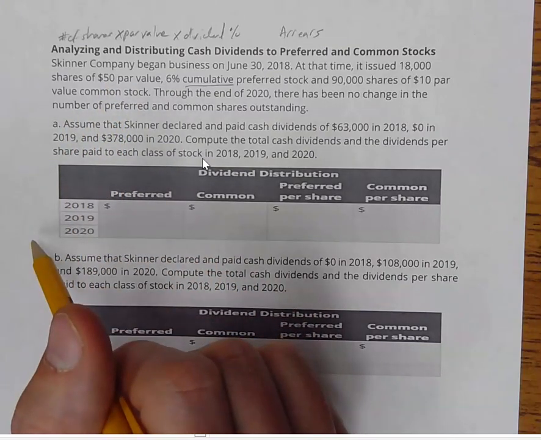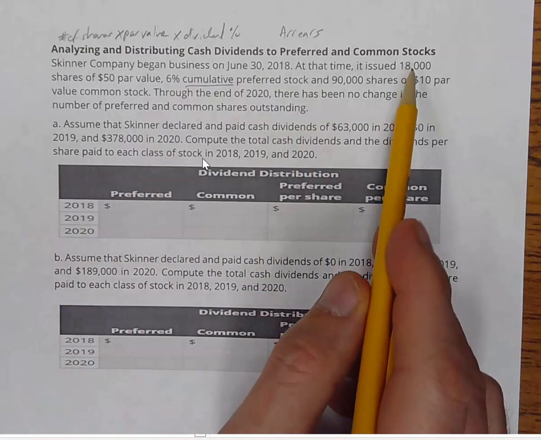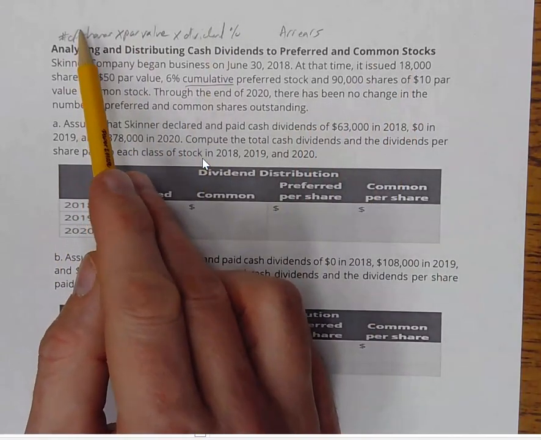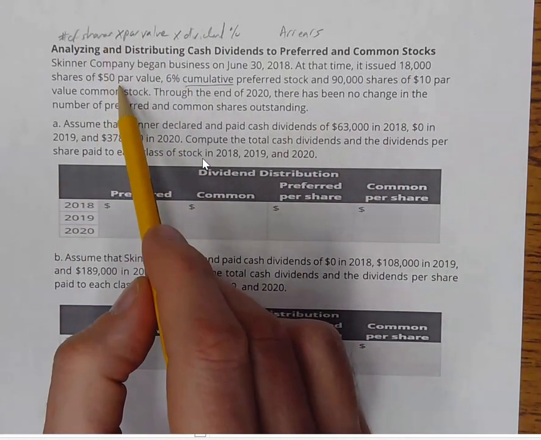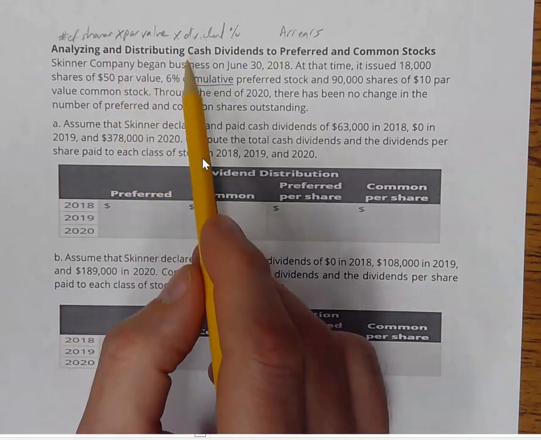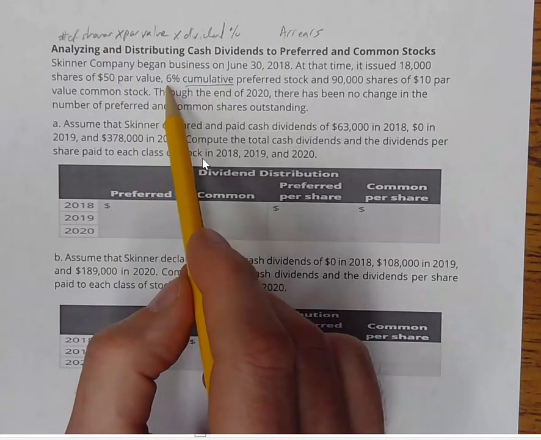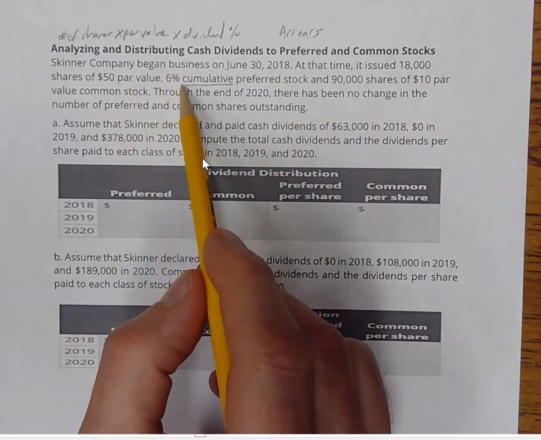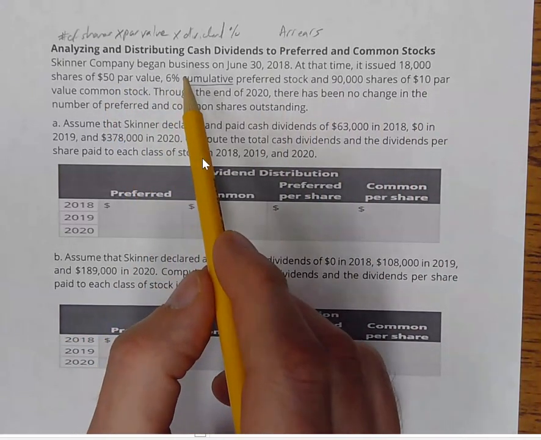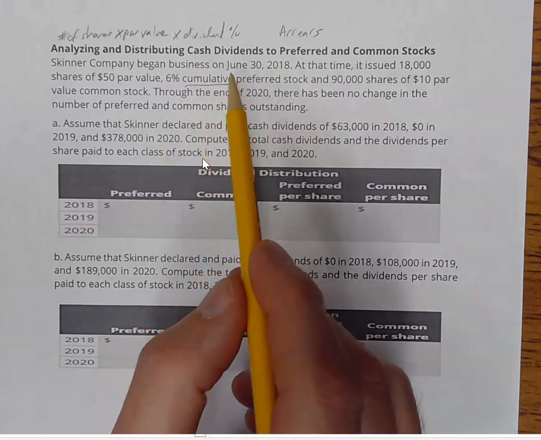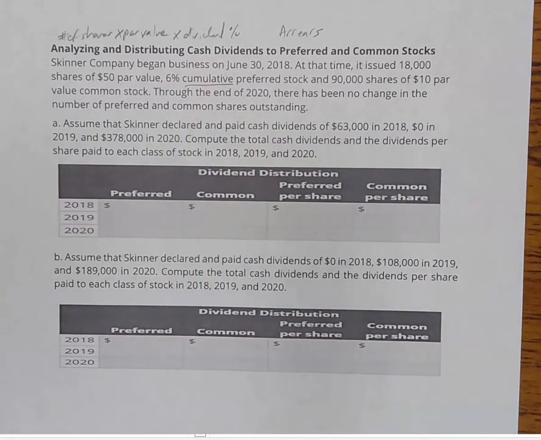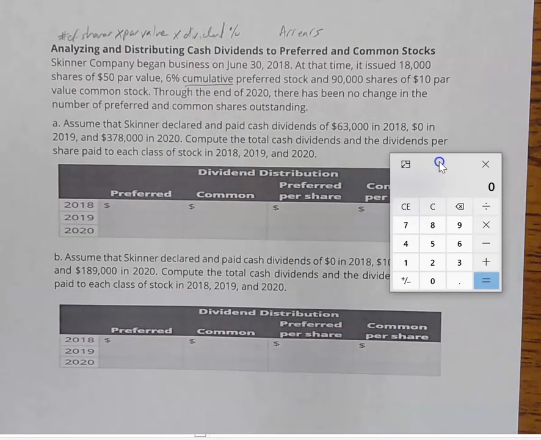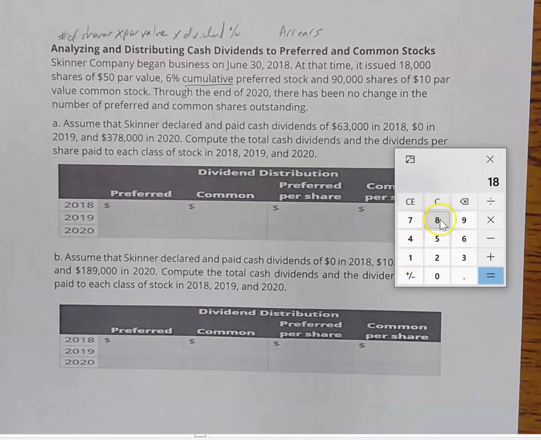And so instead of saying 18,000, which is the number of shares, times par value of 50 times 6%, we might substitute this and say 18,000 times $3. So that's possible. But anyway, we've got our information, so we're going to plug that into the calculator to determine how much the cumulative preferred stockholders are entitled to on an annual basis.